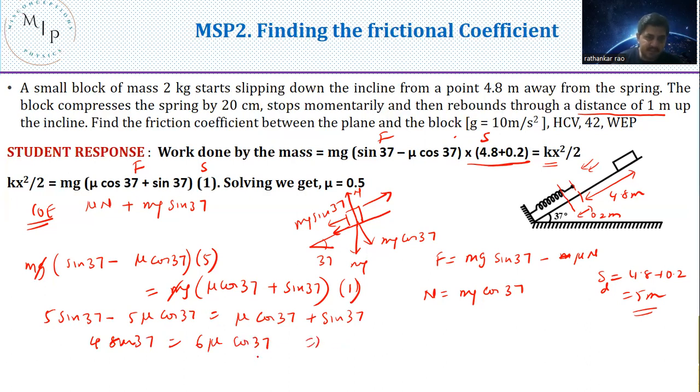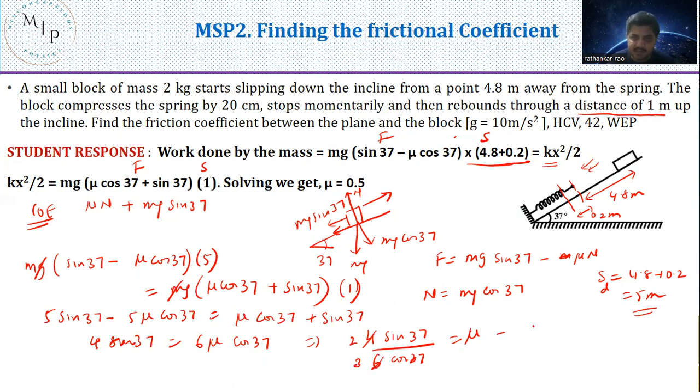Now this implies I can write this as 4 sine 37 divided by 6 cos 37 is equal to mu. I have eliminated all the factors, pushed it on the other side, and got the value for mu. Now this should be 2 times, this is 3 times. 6 got cancelled, 3 times.